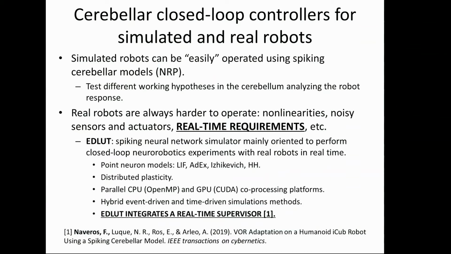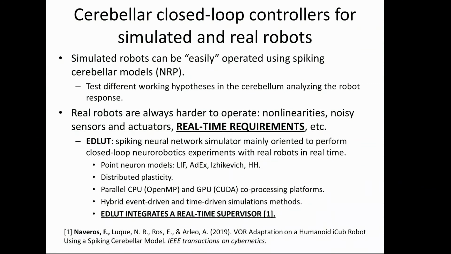EDLUT can implement many different point neuron models, like integrate-and-fire, AdEx, HH, and distributed plasticity. This simulator implements CPU and GPU parallelization mechanisms. And we also use a hybrid event-driven and time-driven simulation method for the neural model and the learning rule.